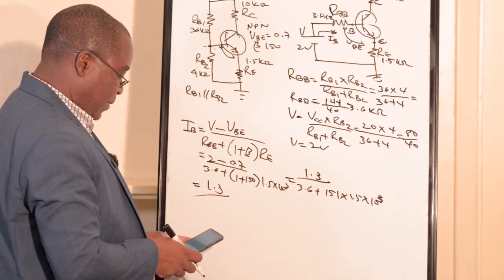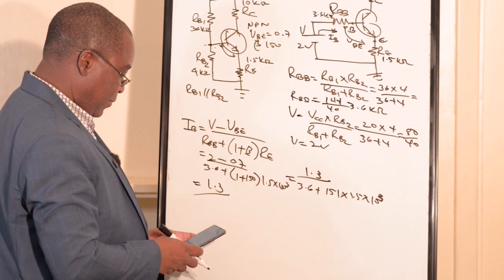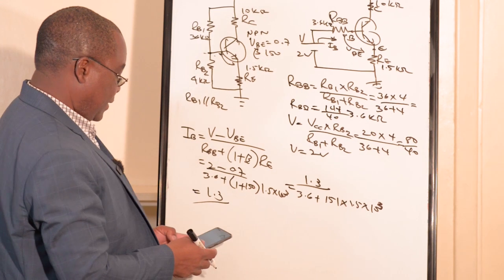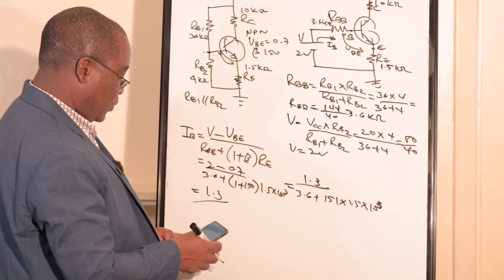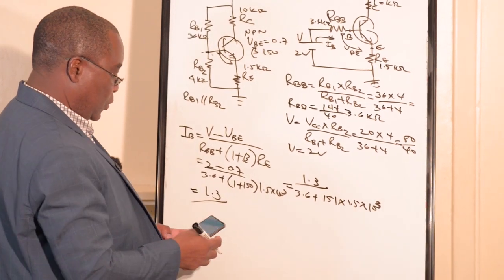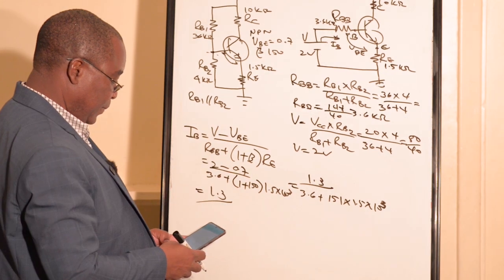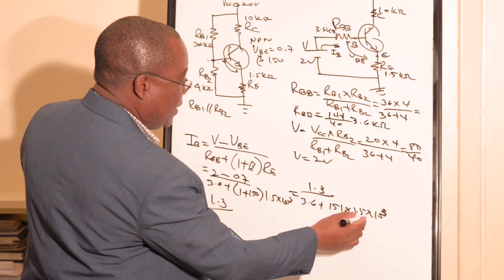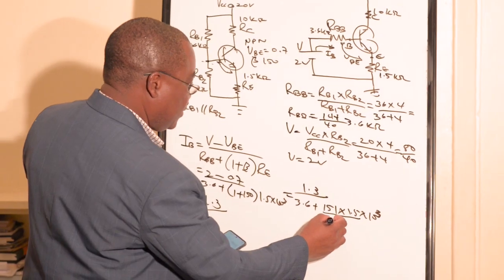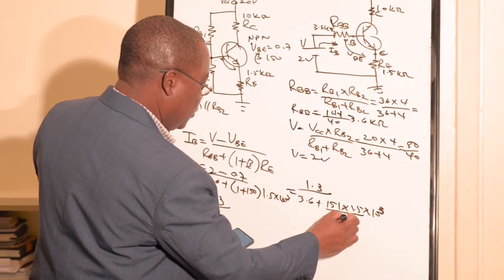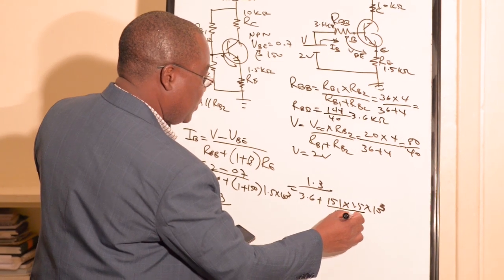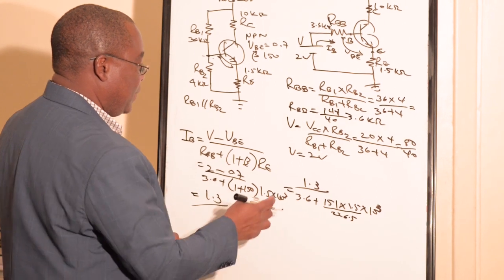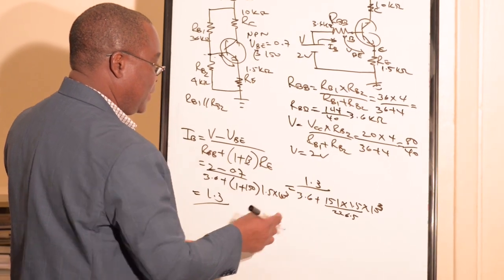So we have 151 times 1.5, and then it is 226.5. This value is 226.5. We add 3.6.